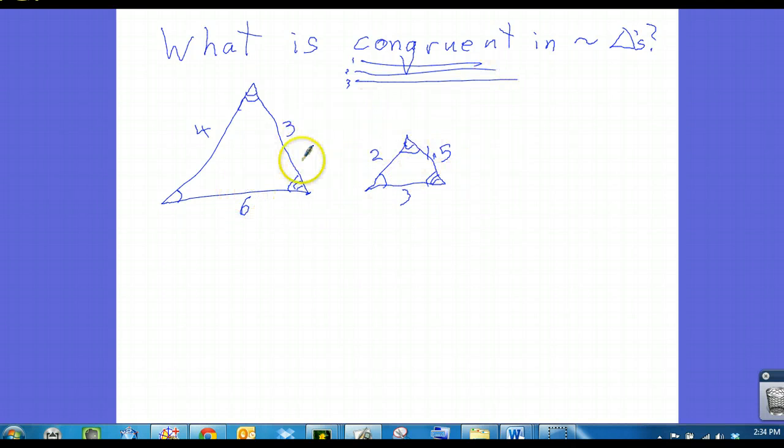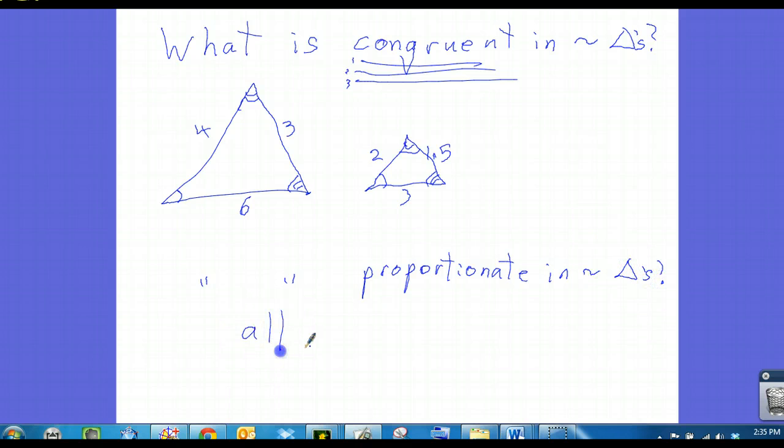Okay, so what is proportionate in similar triangles? All sides. So there are two ways I can get triangles proven similar.